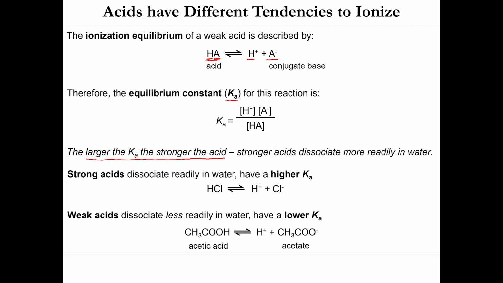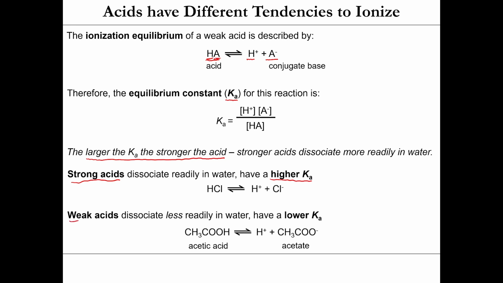This gives us a way to describe how readily an acid will ionize or become deprotonated in a solution. So strong acids will dissociate very readily in water and have a very high Ka. For example, hydrochloric acid is going to readily dissociate in an aqueous solution to a proton and a chloride ion, so Cl negative.